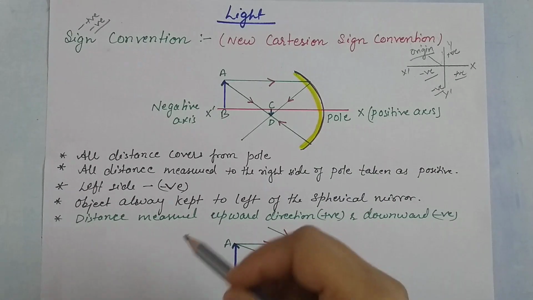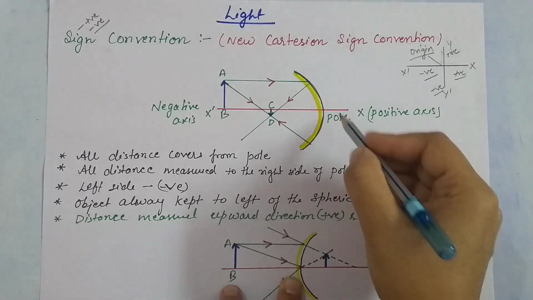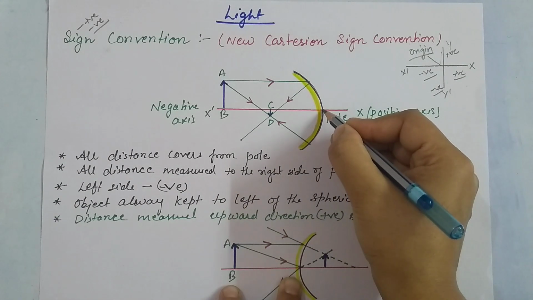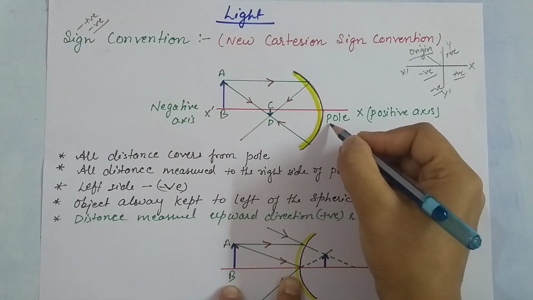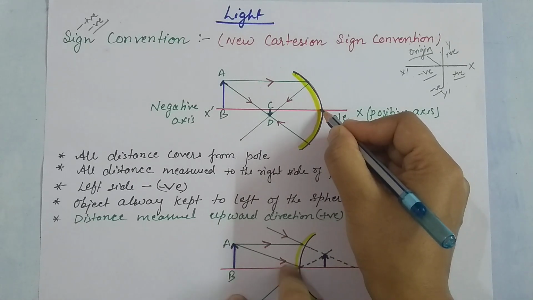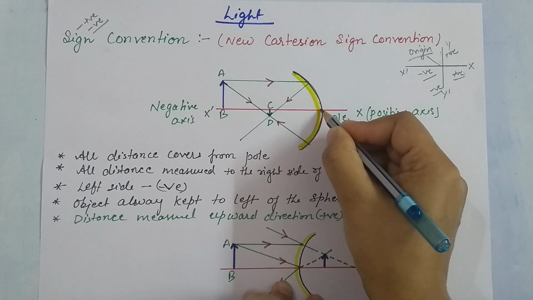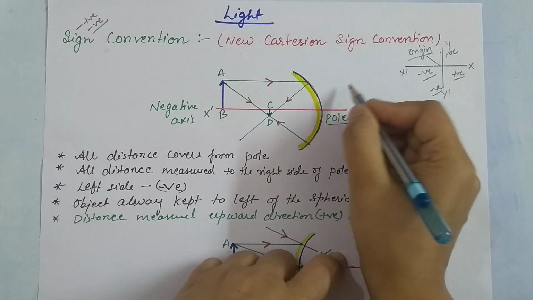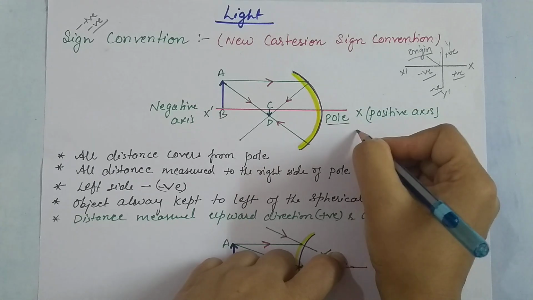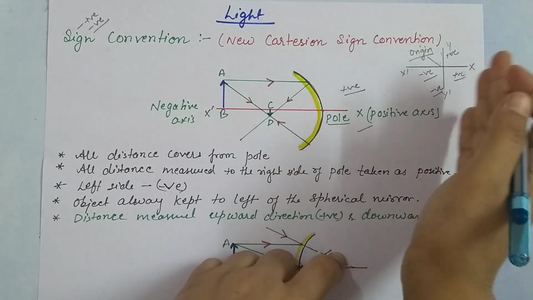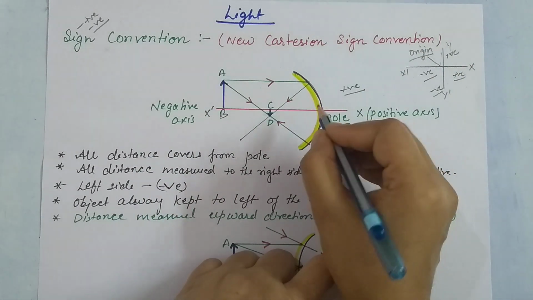So let's see what the sign convention is. Same as in the coordinate plane, here this is the pole, and the pole is considered as the origin. Whatever we measure on the right side of the pole is considered positive.